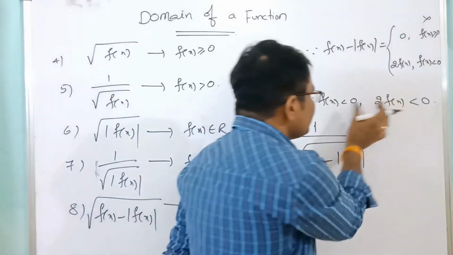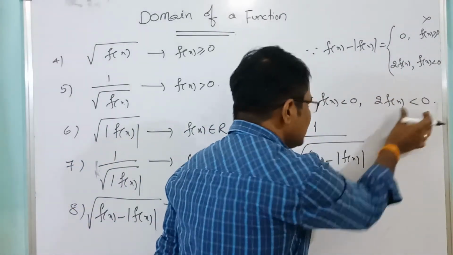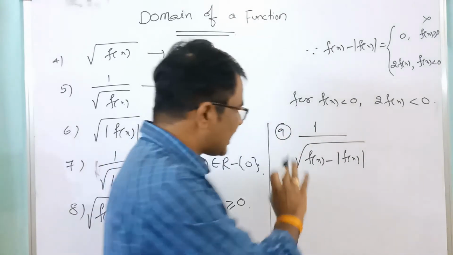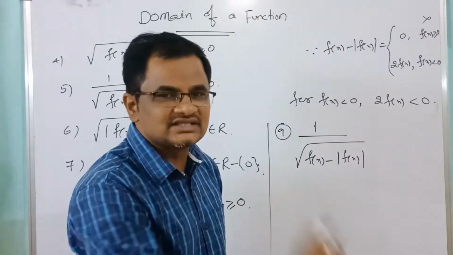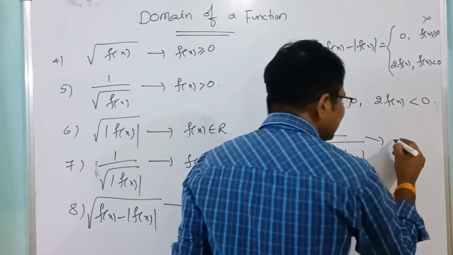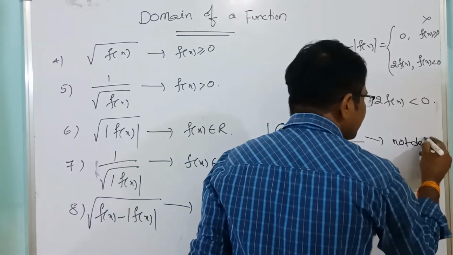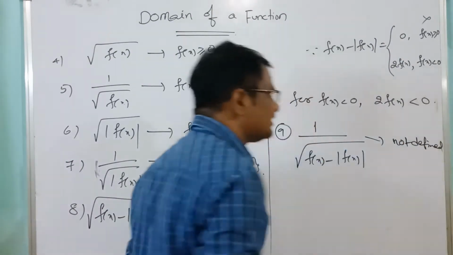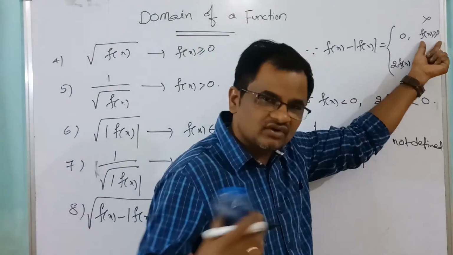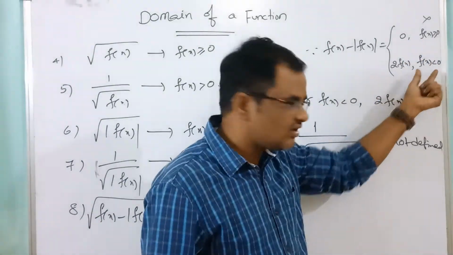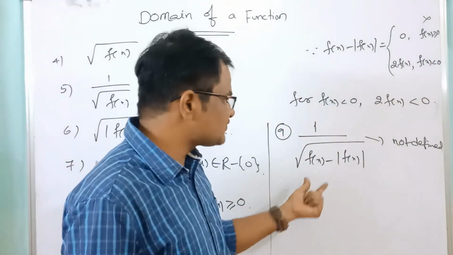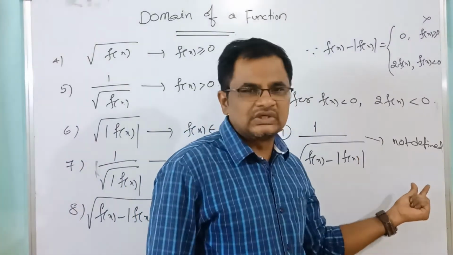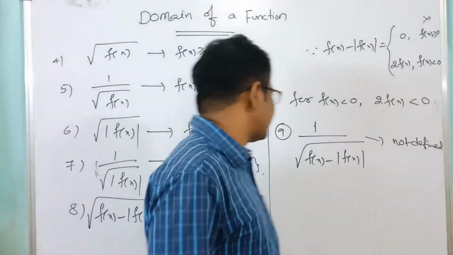Whenever f of x is less than 0, the total is negative, and under root a negative value does not exist. So this is not defined for either case, and for this one there are no solutions. Like this we have to identify.